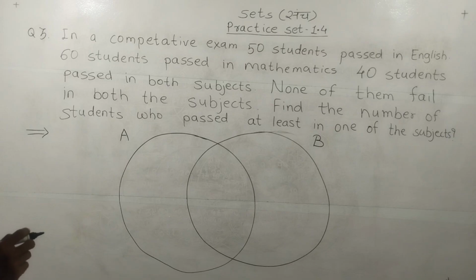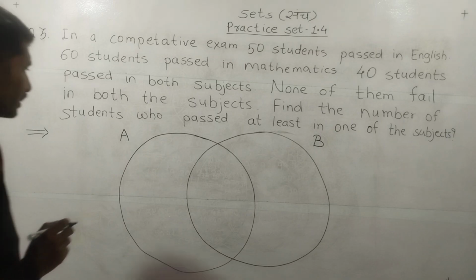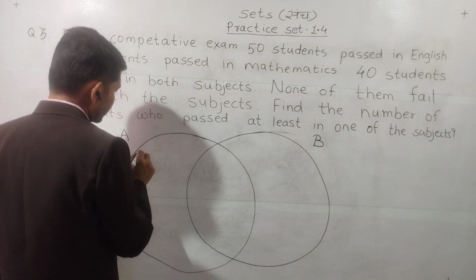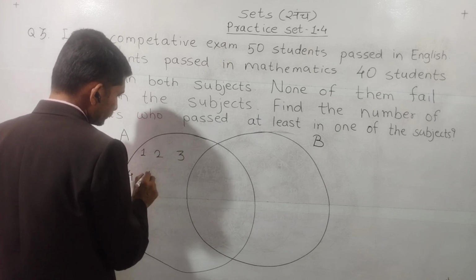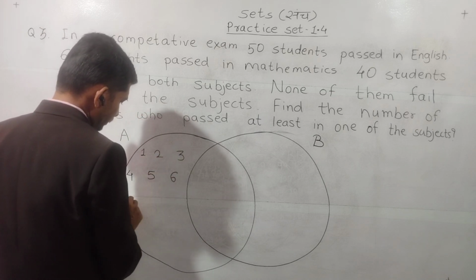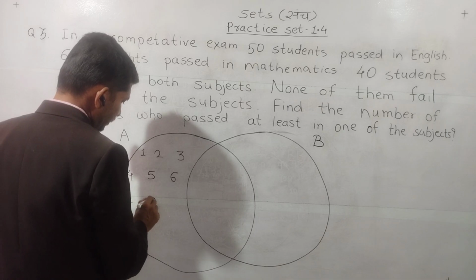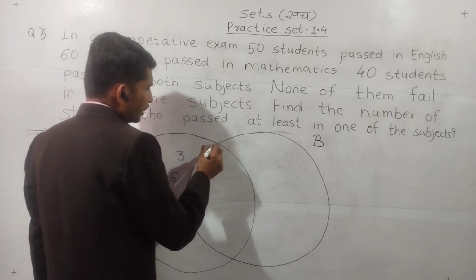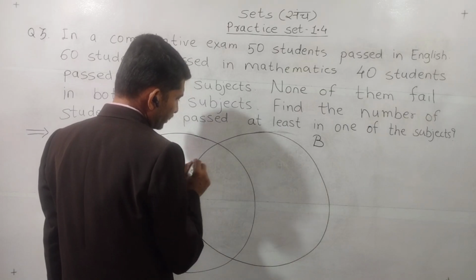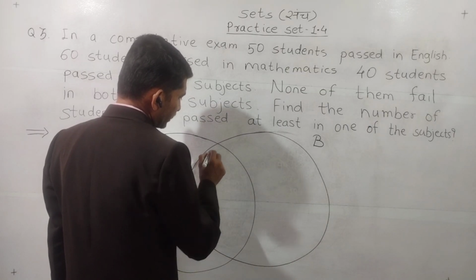So we will write the students who passed in English: 1, 2, 3, 4, 5, 6, 7, 8, 9, and 10. Now the remaining students who passed in both subjects, we will write in the intersection.